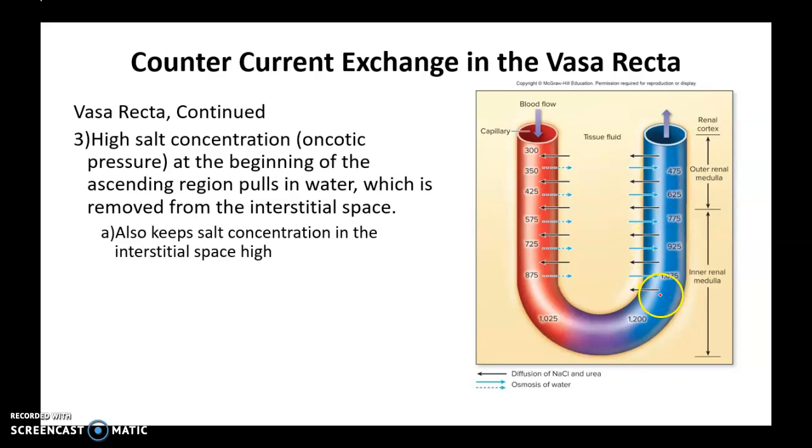So here, the salt concentration is high, right? So that pulls in water from the interstitial space into the blood capillary. And everything together keeps the salt concentration in the interstitial space high.